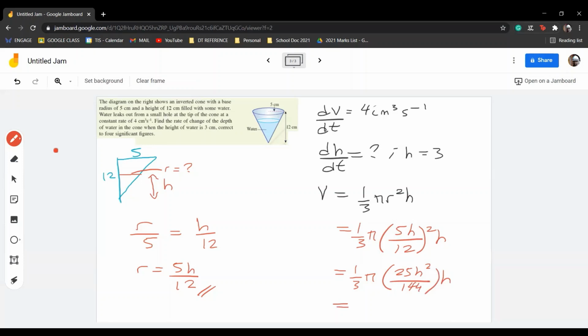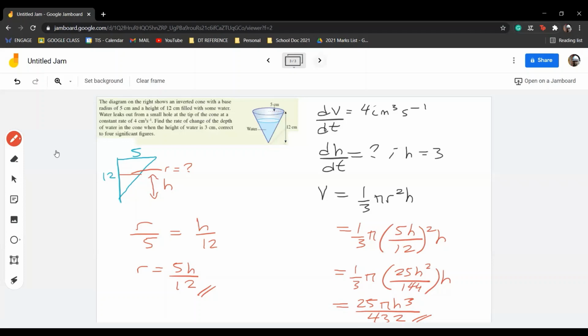If you compute everything, you get 25 pi h cube over 432. So we already got our volume in terms of h. The pi is a constant, so you don't have to worry about it.